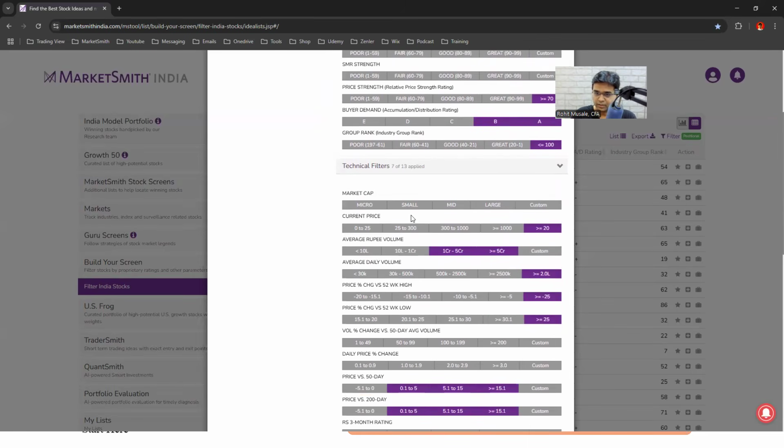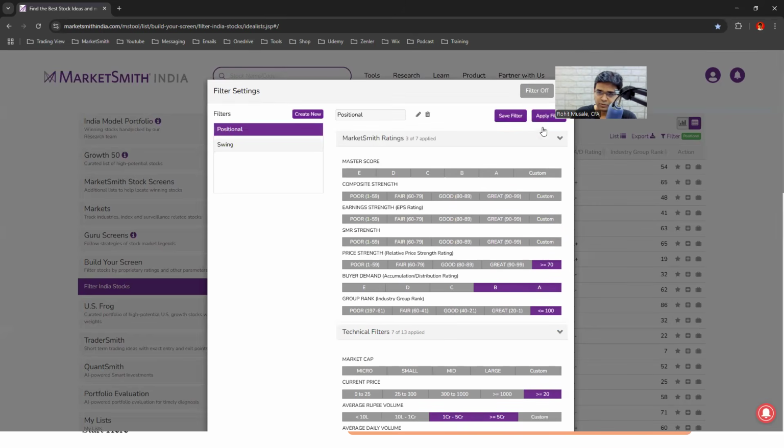Okay. How is this related to risk? Now, for example, here you see average daily volume is at least 200,000 shares or more. Now, what if I remove that filter? If I remove this filter, then it will show me a list of stocks which meet all the other criteria, but not the average daily volume criteria. Okay. So for this criteria, let's see how many stocks we are getting.